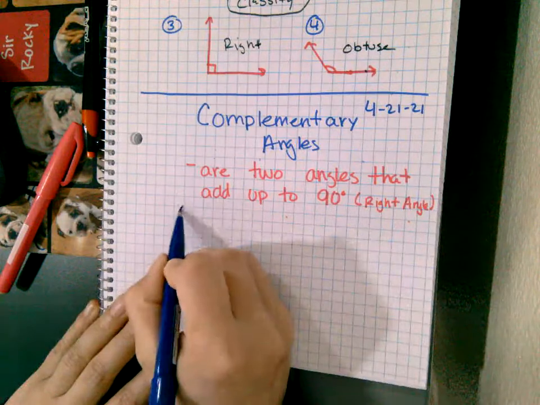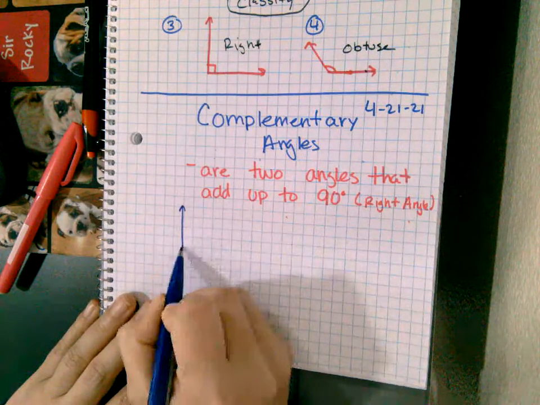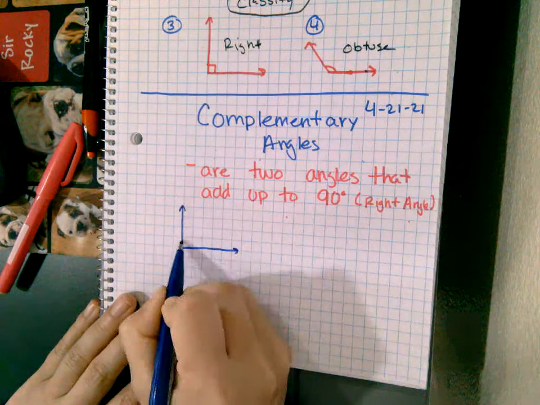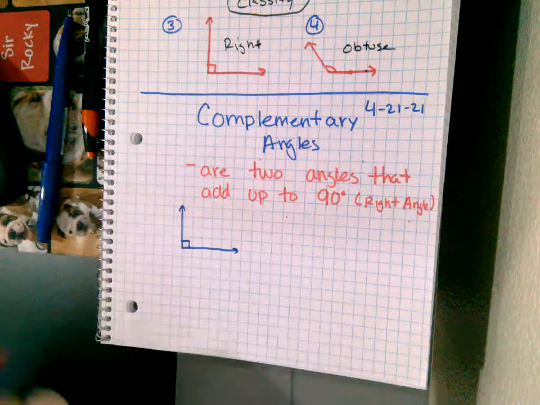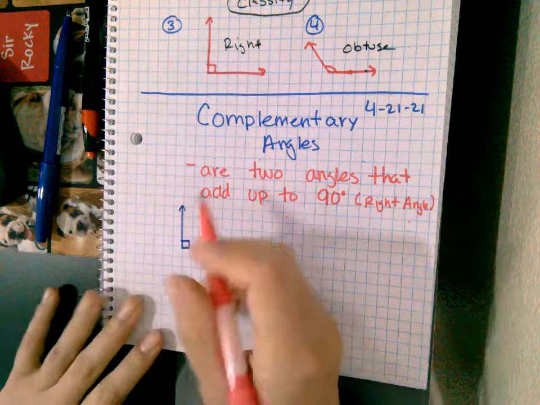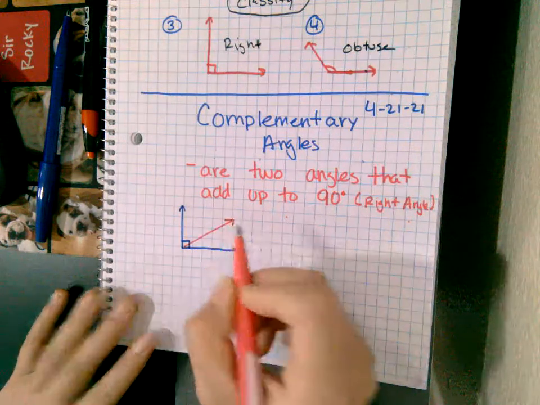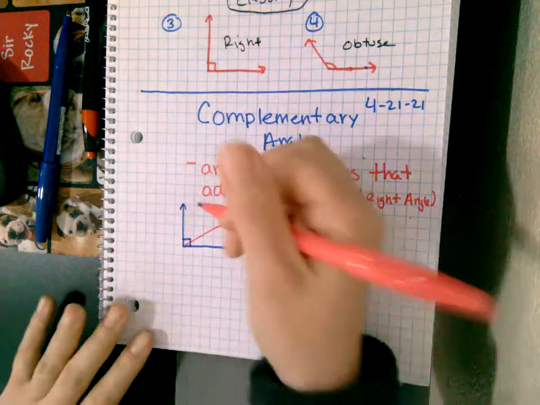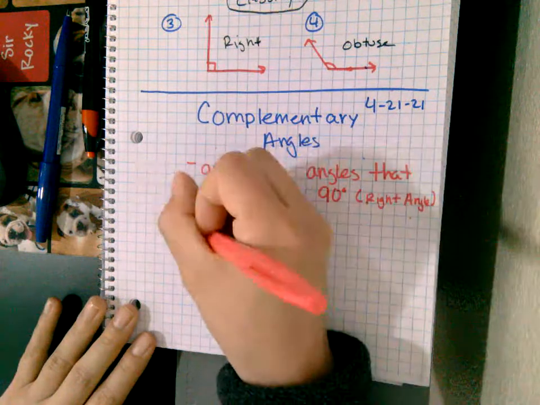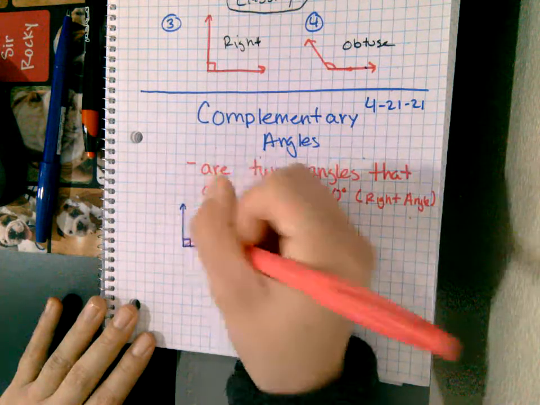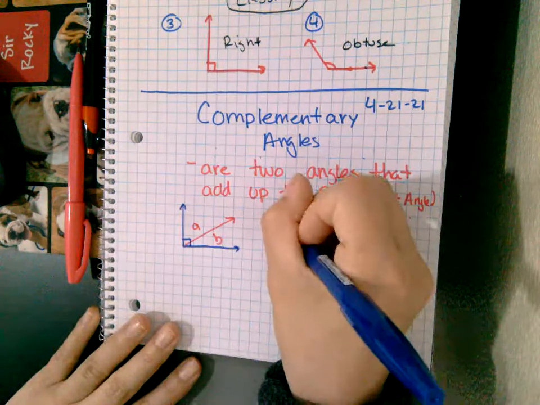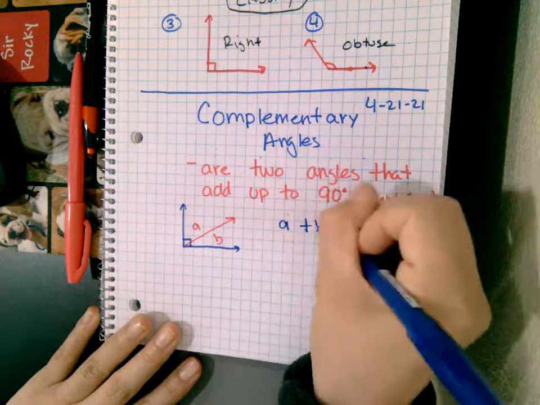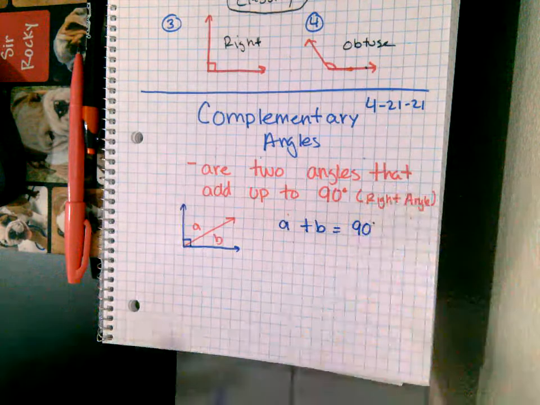So we talked about a 90-degree angle looking like this, right? And it has this special little square on it, 90 degrees. Now, if I were to split it, maybe in half, you have two angles. Let's call this angle A and angle B. Together, angle A plus angle B equals 90 degrees.